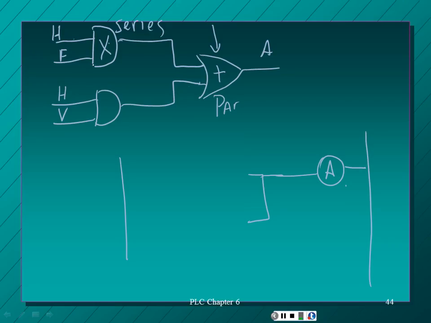Y'all see that it has two legs. So that tells me I need two inputs on the top rung of this series. Now, are they normally open or normally closed? Do you see any inverters? So they're normally open, and this will be H and F.